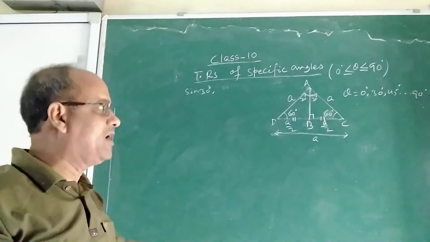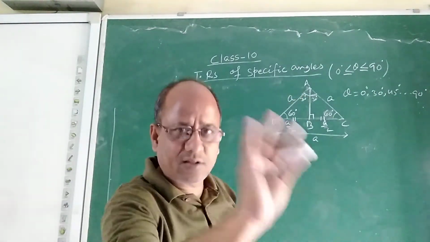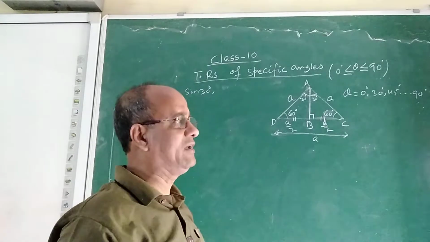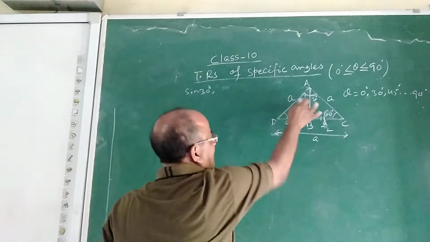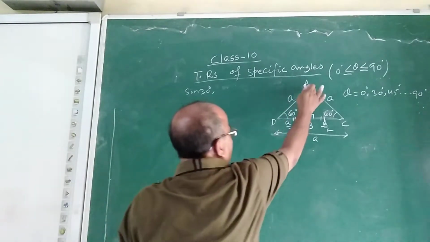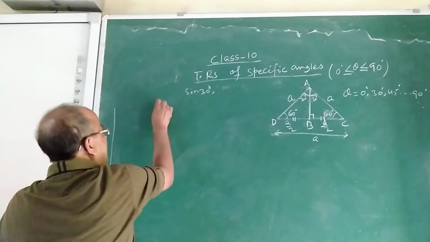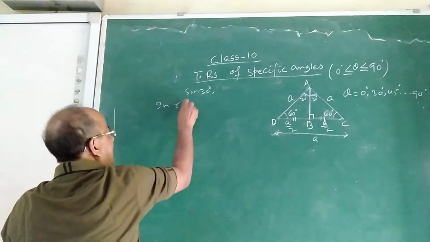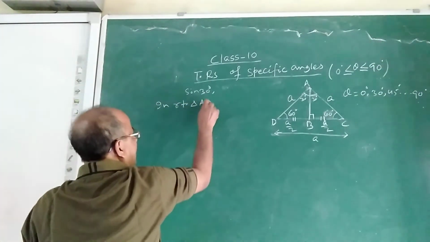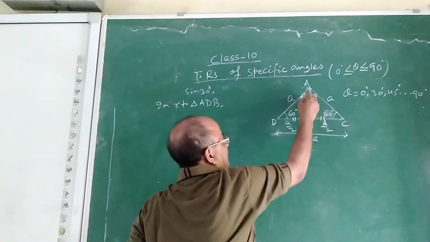Now what is our aim? Our aim is to find all the trigonometric ratios of 30 degrees: sine, cos, tan, etc. Now how will we find sine 30 degrees? You can consider any one triangle. Suppose we consider right triangle ADB.